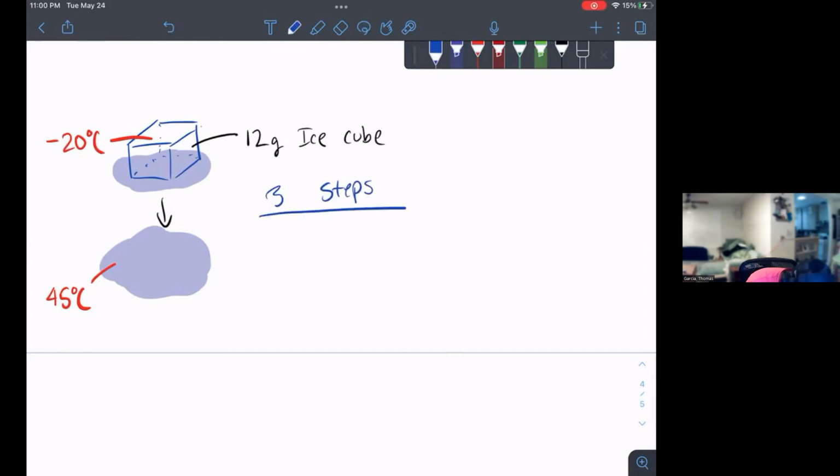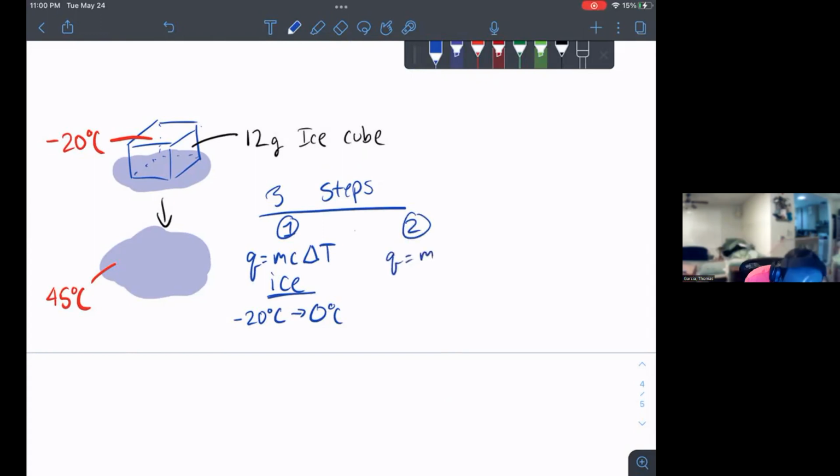So the first one is you need Q equals mc delta T for the ice as it goes from negative 20 degrees Celsius to 0 degrees Celsius. So that's step 1. Step 2, you need the Q equals m delta H of fusion as it goes from ice to liquid.